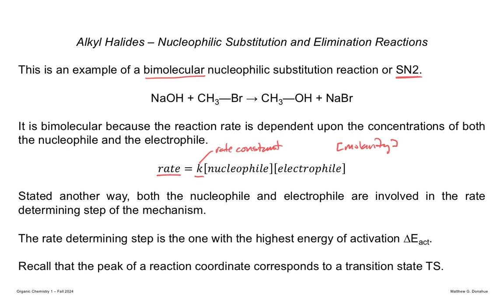That's where you expend the most energy. That hill is called the energy of activation. And the top of that hill is called the transition state, or TS, which is designated by the dagger symbol.